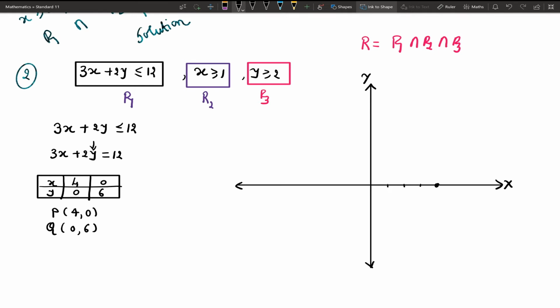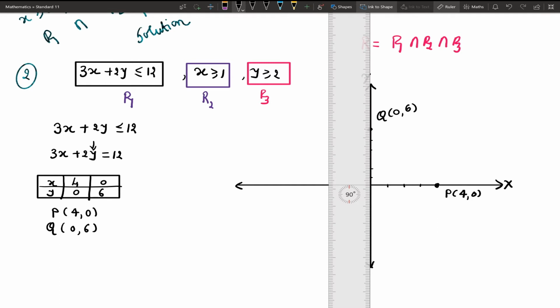So this is the point P 4, 0. Q 0, 6: 1, 2, 3, 4, 5, 6. So this is the point Q 0, 6.